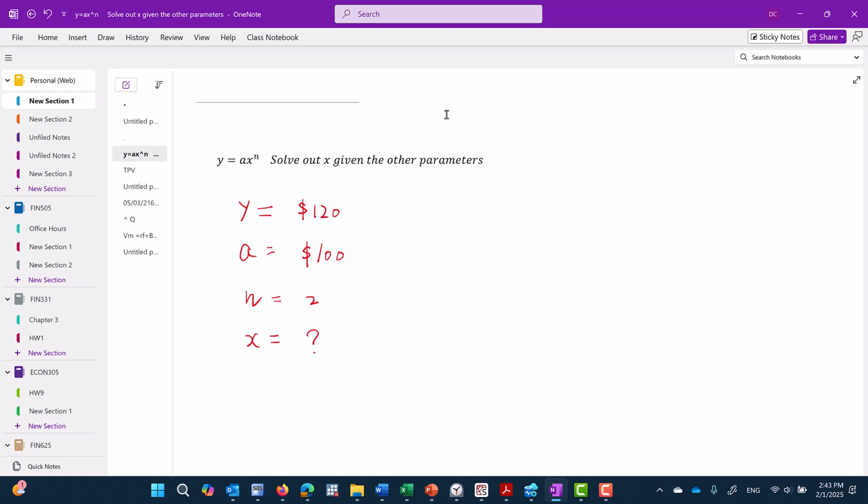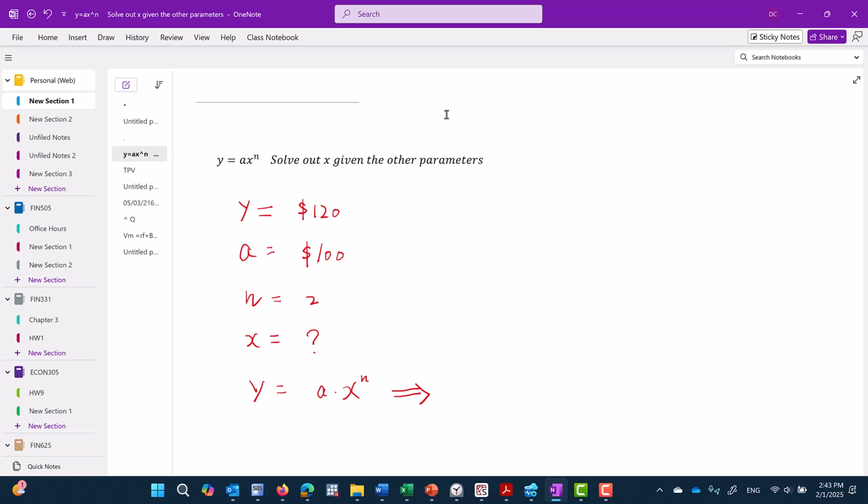So basically what you have here is y equals a times x raised to the power of n. How can you solve for this x? To solve for x, we can raise both the left and the right hand side of this equation to the power of 1 over n.